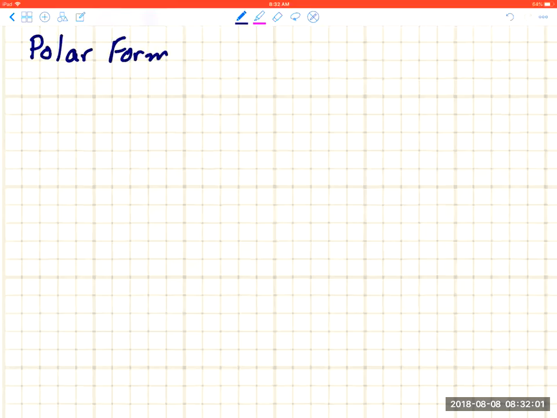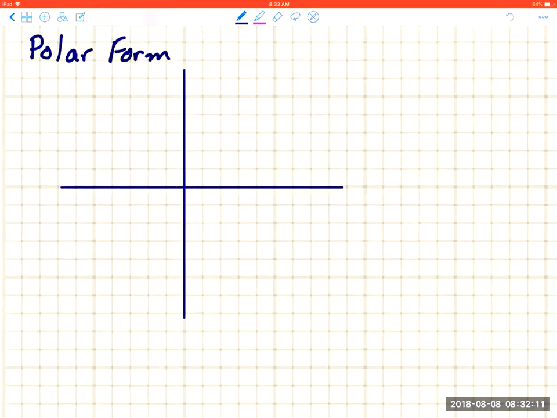So the polar form of the complex number. I want you to think back to that coordinate plane I just introduced you to. The real part is on the horizontal axis. The imaginary part is on the vertical axis.